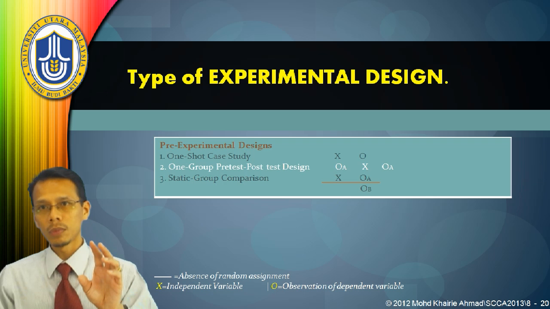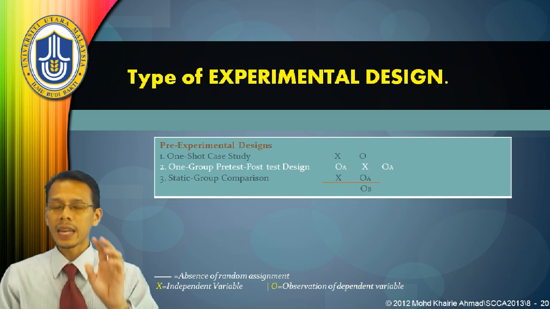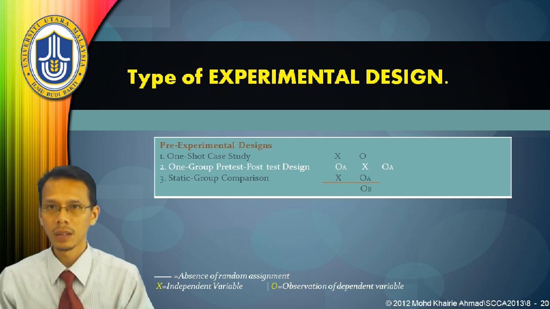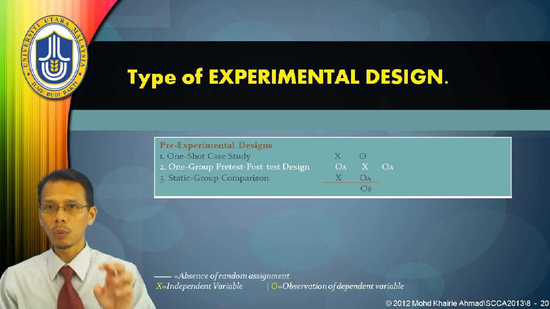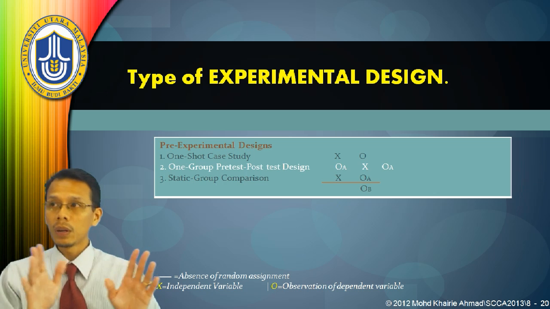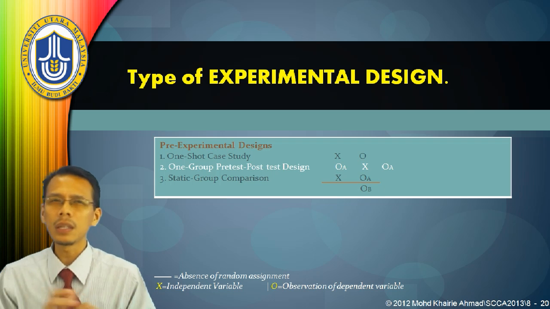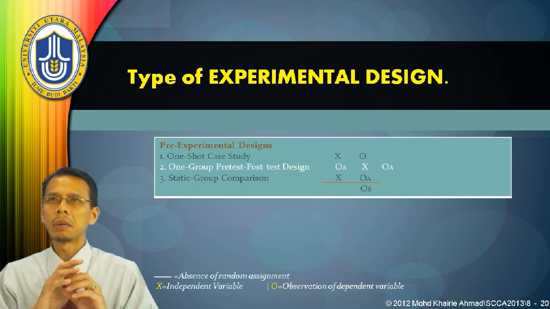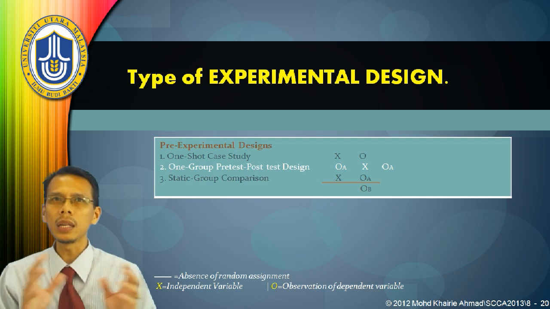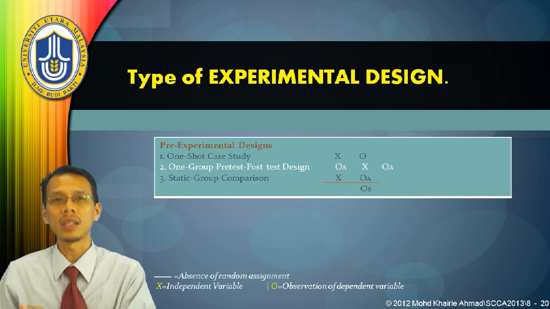The first group, O A, we assess after we impose our independent variable, our intervention. For example, after we show them a movie of a crime scene, or a movie related to any aggressive action, and then we evaluate what the effect is.